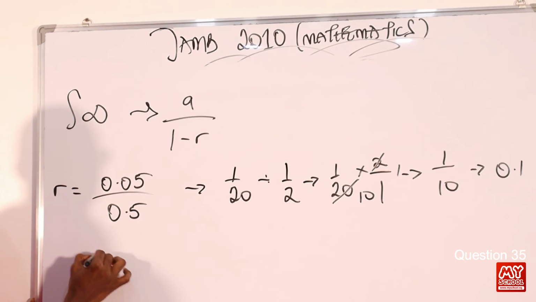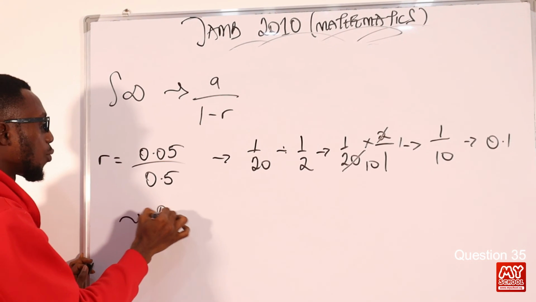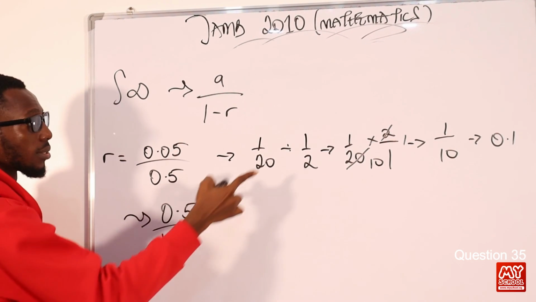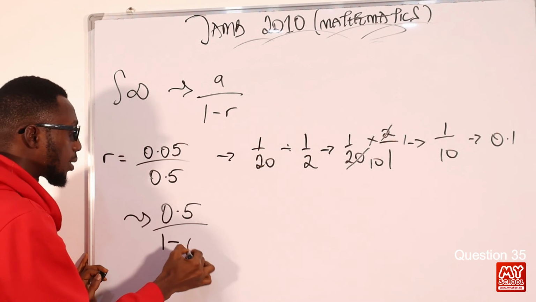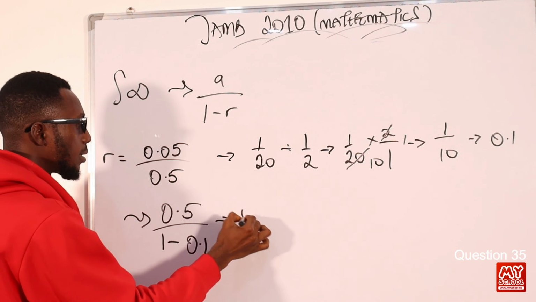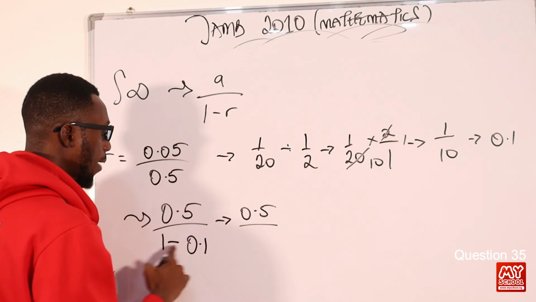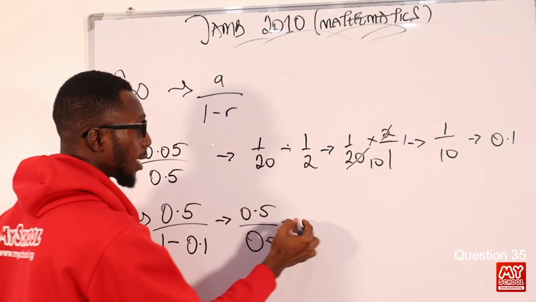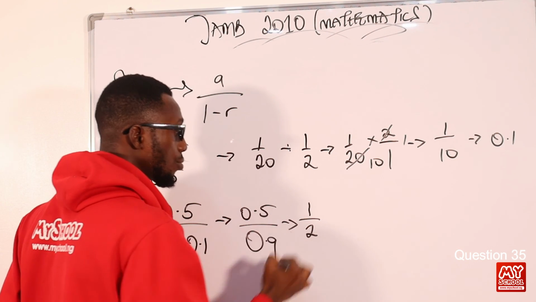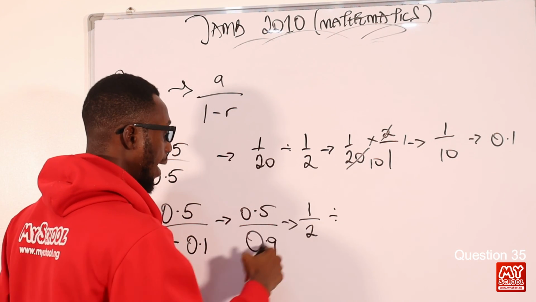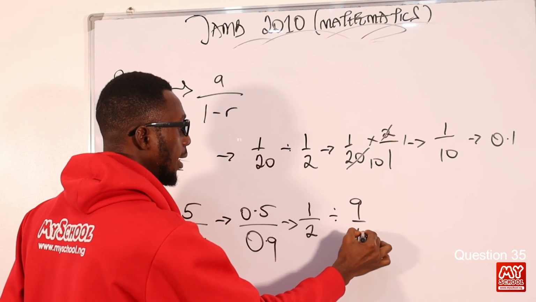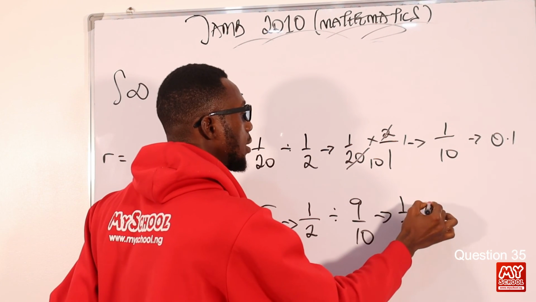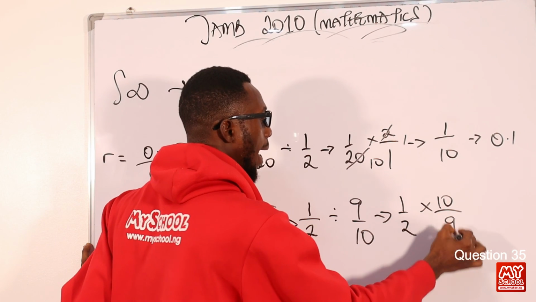So my sum to infinity will be the first term, 0.5, divided by 1 minus my common ratio, 0.1. That is 0.5 over 0.9, which is basically 1 over 2 divided by 9 over 10, the same as 1 over 2 times 10 over 9.